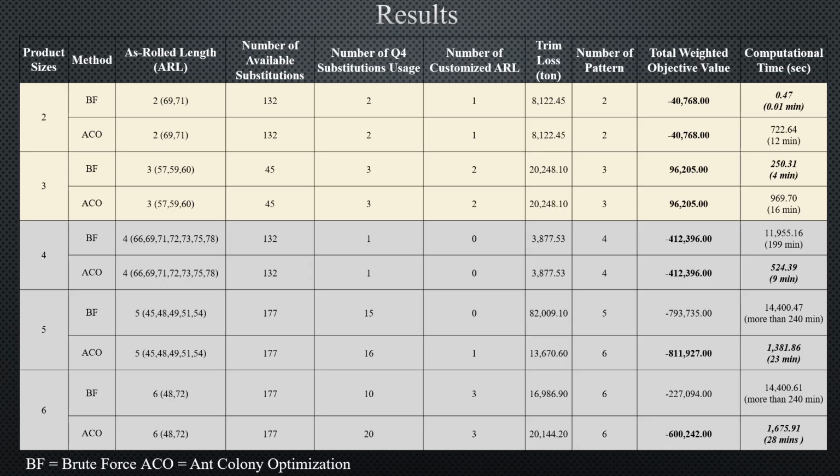Our findings indicate that for small problem instances, specifically with 2 or 3 product sizes, the brute force method demonstrates high efficiency, requiring only 0.01 minutes and 4 minutes to compute respectively. However, as the problem scale expands to 4 product sizes, the computational time for brute force escalates dramatically to 199 minutes.